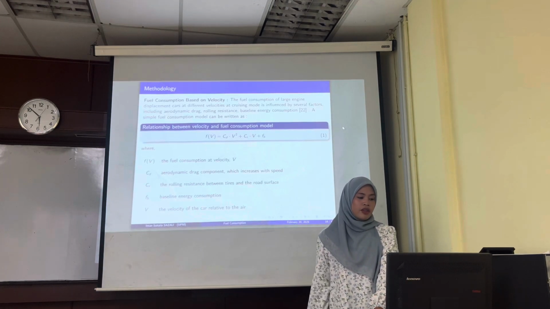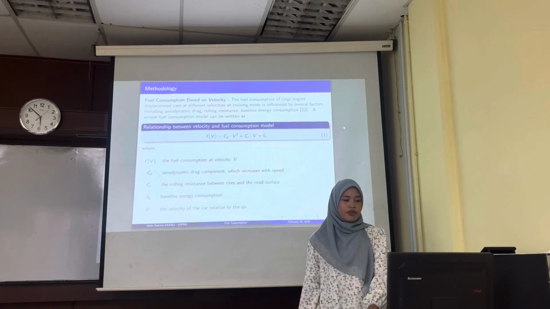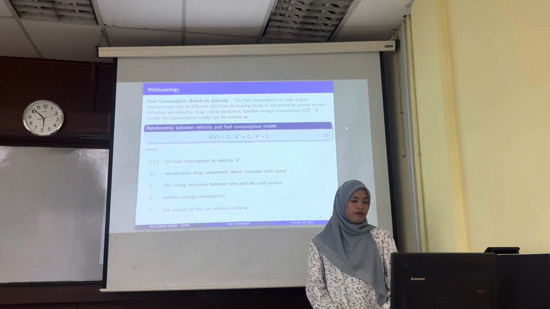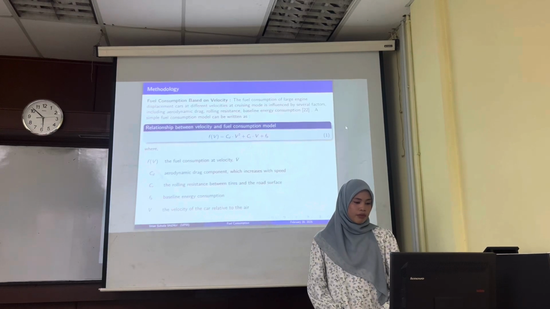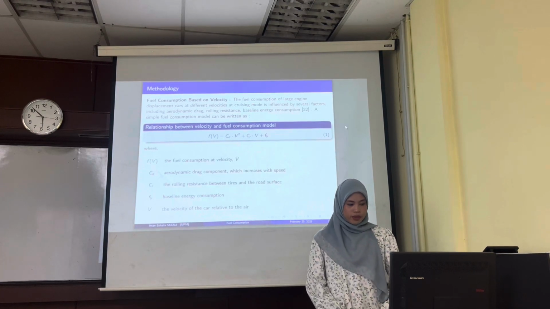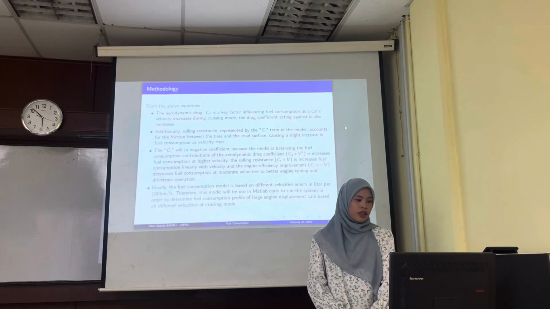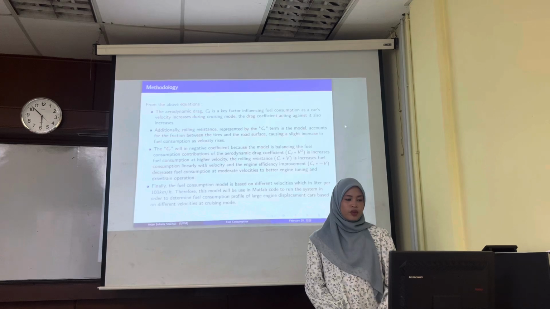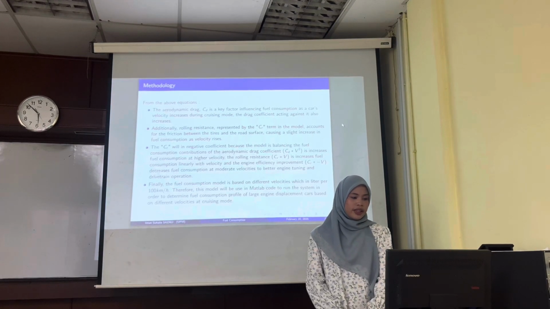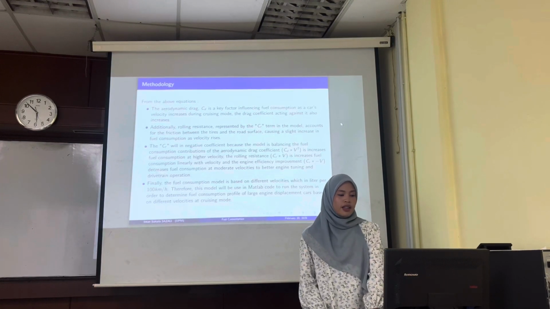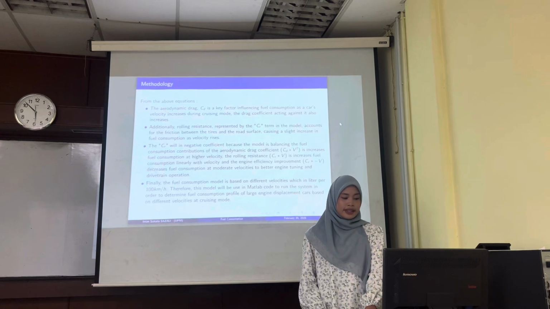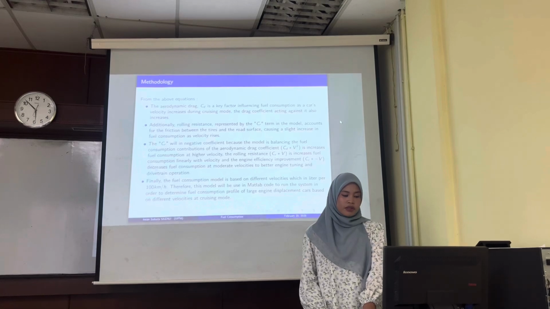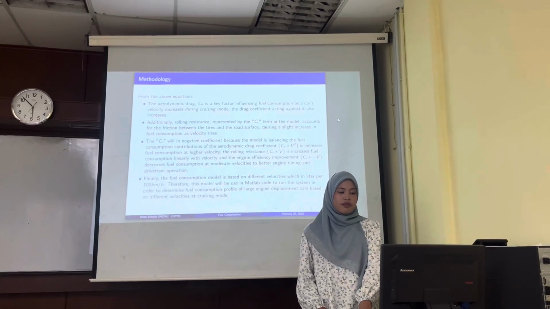Okay, so this is the relationship between velocity and fuel consumption model, which is F(V) equals C_D multiplied by V squared plus C_R multiplied by V plus F_0. From the above equation, the aerodynamic drag C_D is the key factor influencing fuel consumption, and the rolling resistance represented by C_R accounts for the friction between tires and the road surface, and it will be a negative coefficient because the model is balancing the fuel consumption.